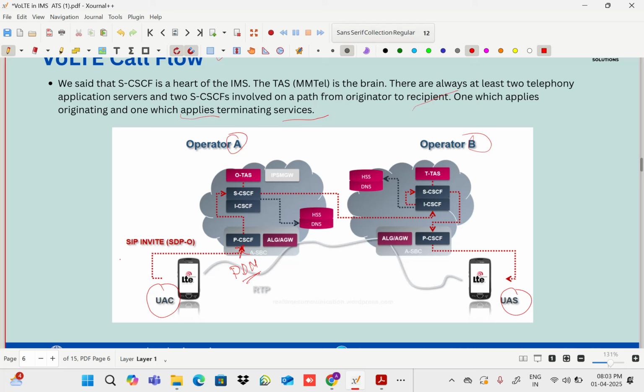Then the S-CSCF sends to another operator, besides the S-CSCF directly, and the I-CSCF. The I-CSCF will identify the relevant S-CSCF, then that S-CSCF forwards to its P-CSCF, then the call will be matured. Then the A party UAC and the UAS will communicate at that time. RTP, the real time protocol, will be set up, which we'll discuss later.